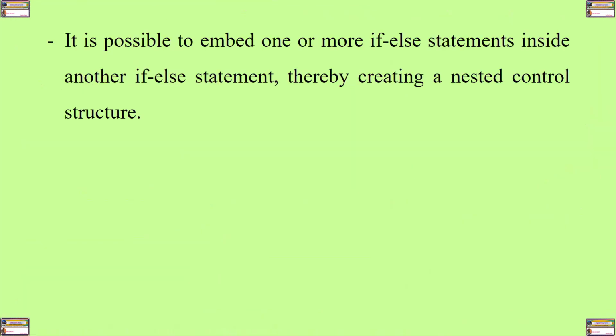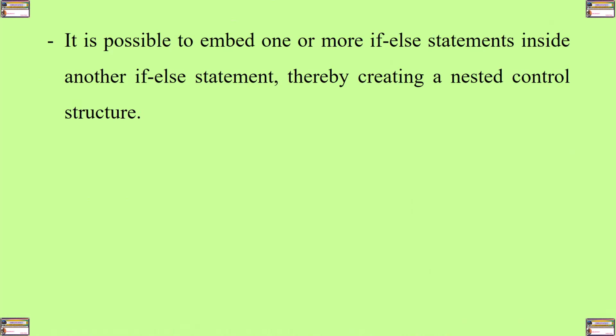When we speak about nested if-else control structure, we are simply speaking about creating a structure inside another structure. This is because it is possible to embed one or more if-else statements inside another if-else statement or inside another structure.